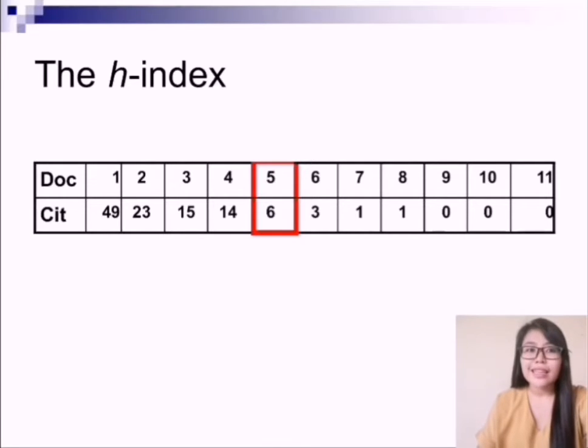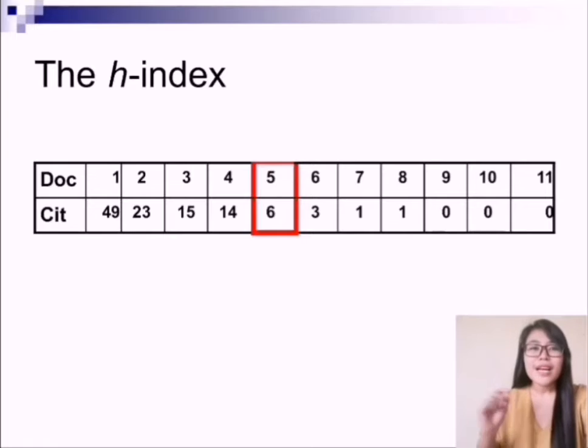In fact, it is lower than the paper number. Therefore, in these 11 published papers, the H-index of the author is 5 because 5 of his research papers received at least as many citations as their number. Okay, so the H-index now is 5.